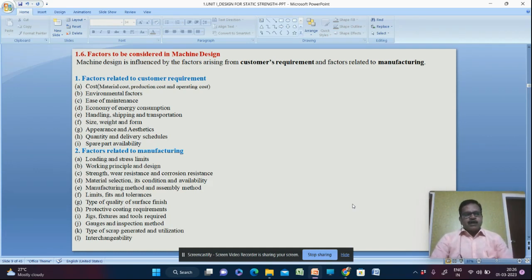And fit, just now we have discussed that we require the clearance fit between the bearing and the shaft, but we require a different fit for the shaft and the gear wheel or pulley which are mounted on it.